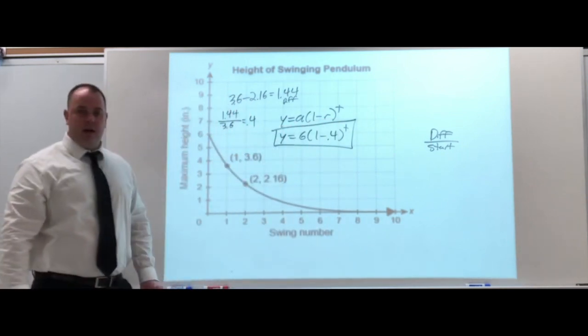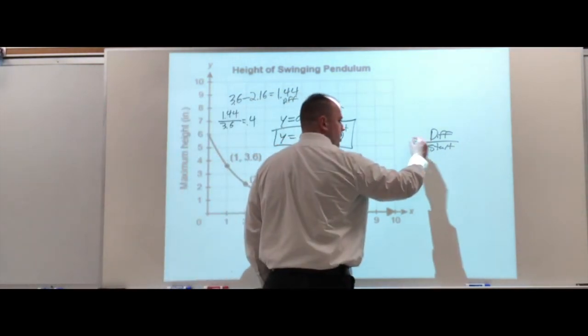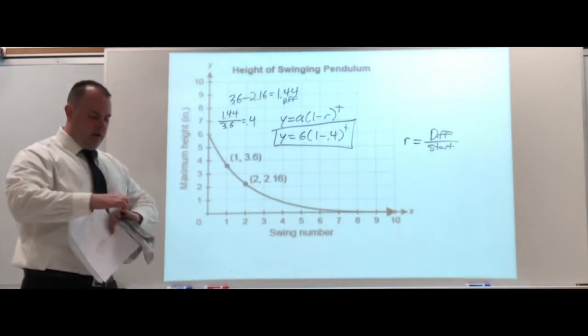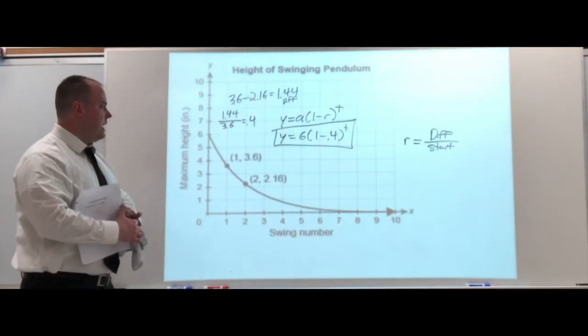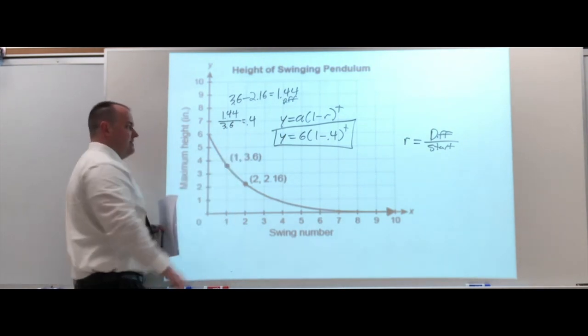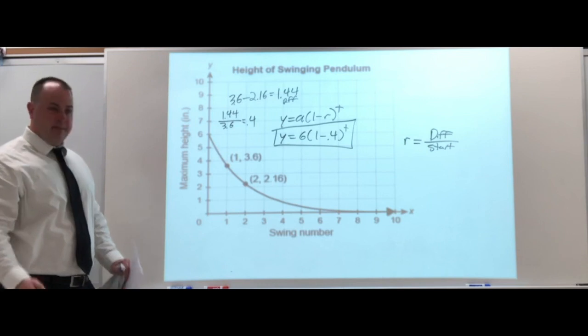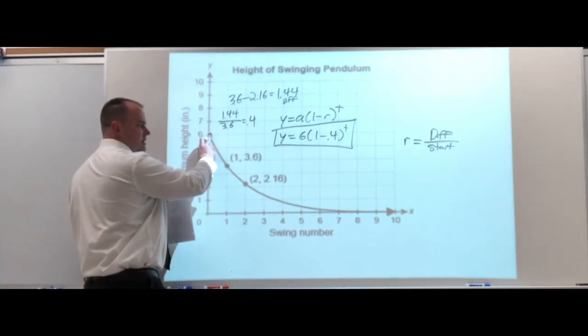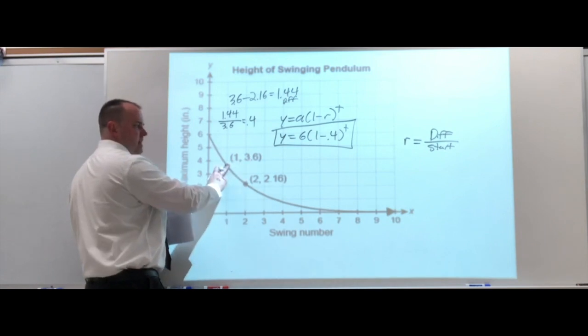Difference divided by start is going to give us our rate, and make sure they are consecutive points. They don't have to be the very first point. I used these just to show you. As long as they're consecutive points, you should get the same rate. Let's use the other points, start at 6 and go to 3.6.